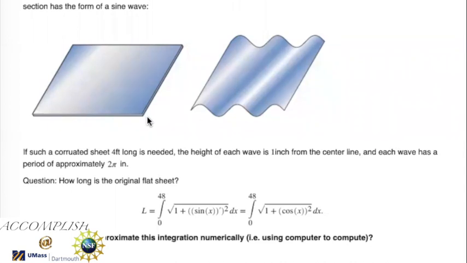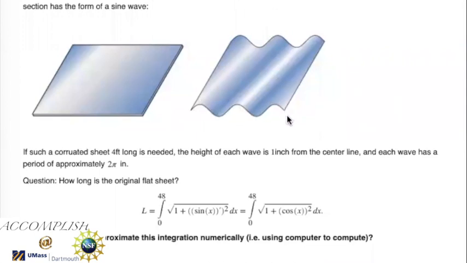That's the application. We need to form this into a function, and then we can use the concept of integration to figure out this question. Suppose we are going to cover a 4 feet long roof, and we want to find the curve length. From calculus, you probably still remember how to calculate this curve length.